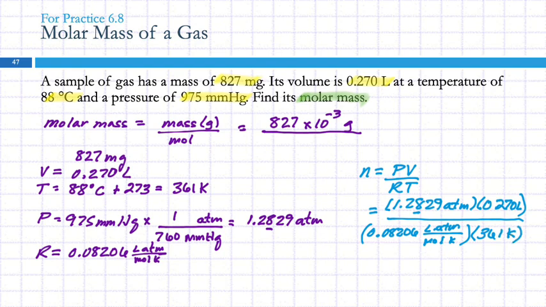Again, be careful entering this in your calculator. So 1.2829 times 0.270 divided by parentheses 0.08206 times 361, close the parentheses, press equals.